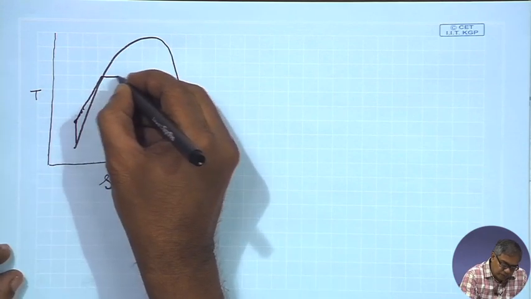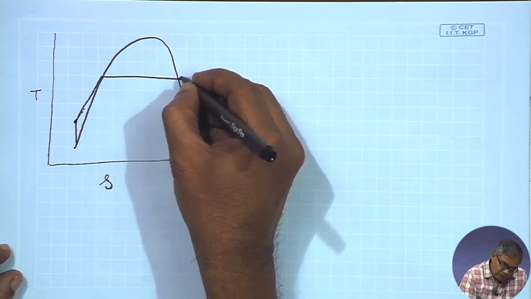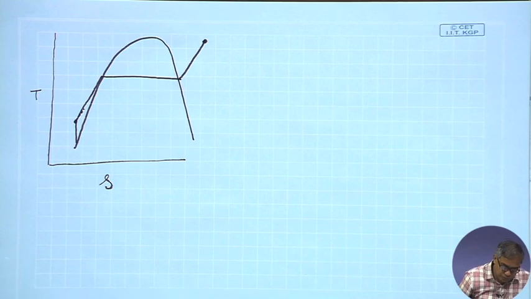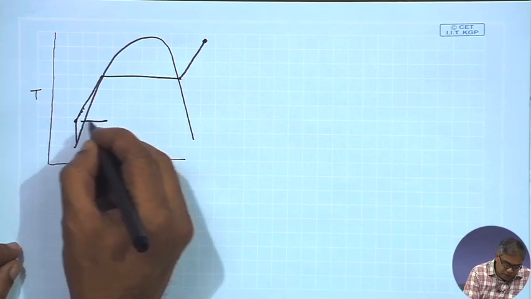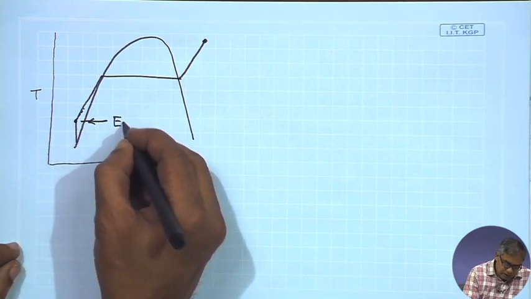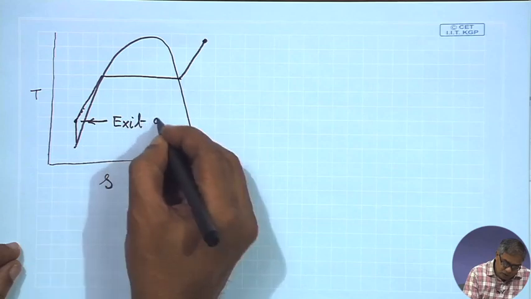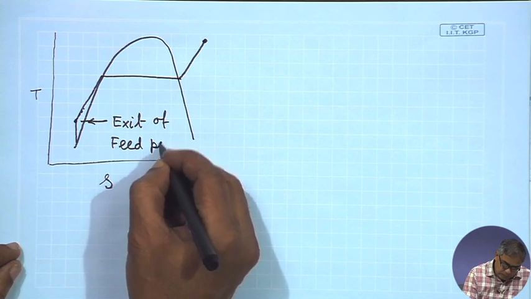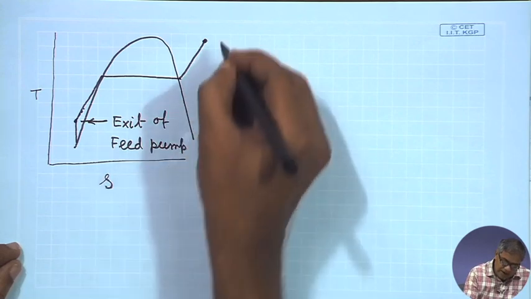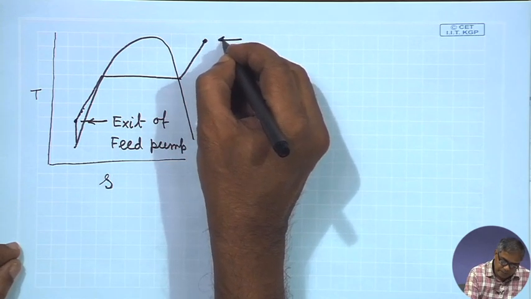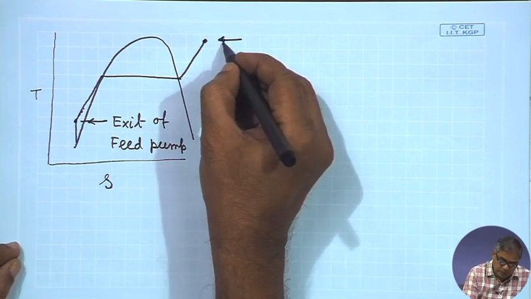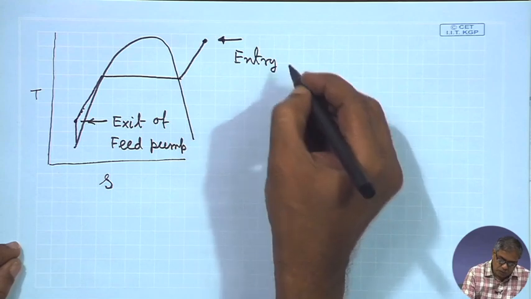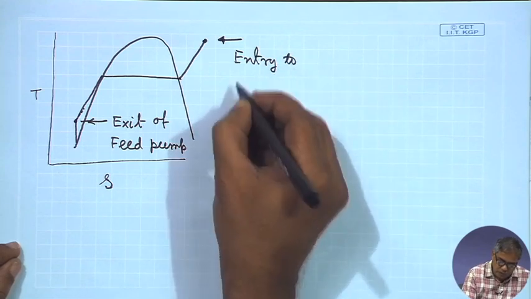It follows a process up to this, and then it goes to the turbine. So, this point is the exit of the feed pump, and this point is the entry to the steam turbine.